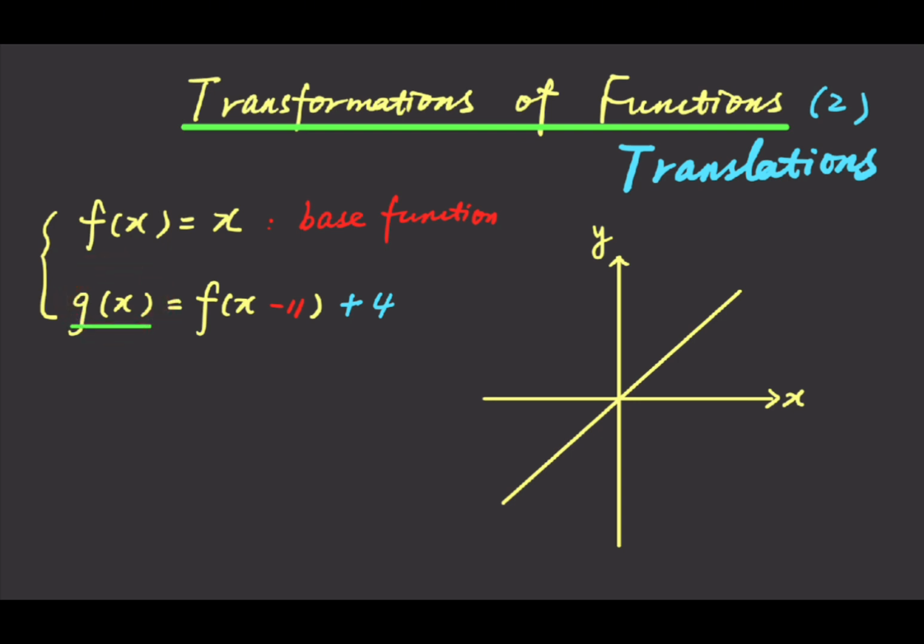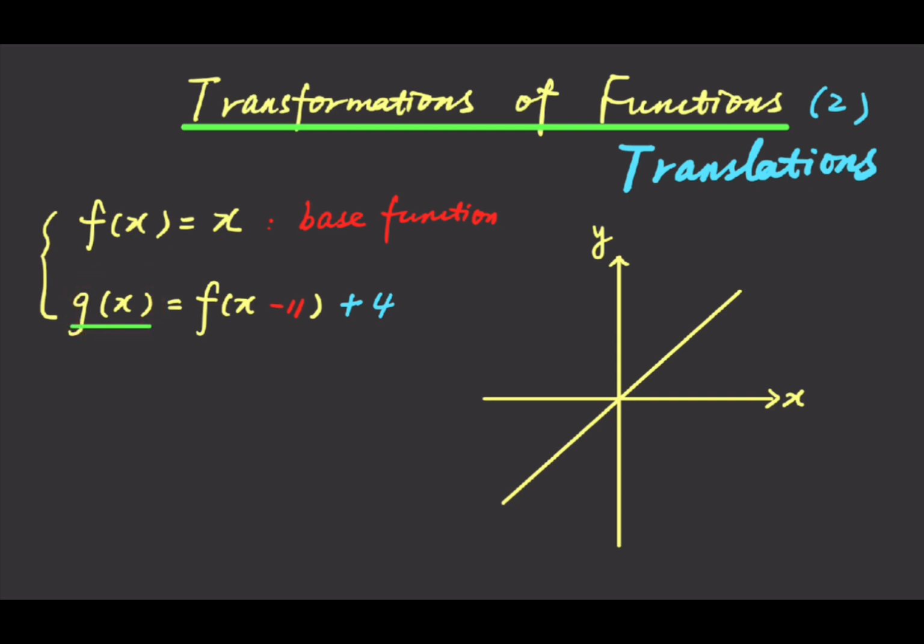But here, first, we need to focus on this part, because this plus 4 is just an addition on the basis of this part. If you can figure out the value of f(x minus 11), you just need to add 4, then you can get g(x).